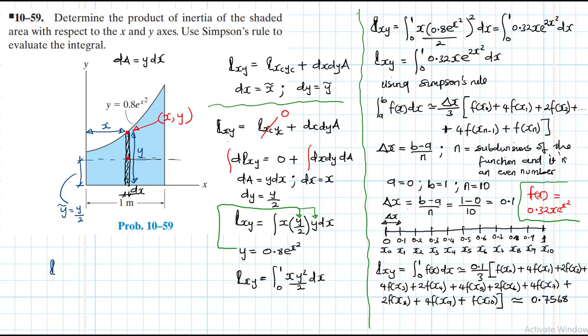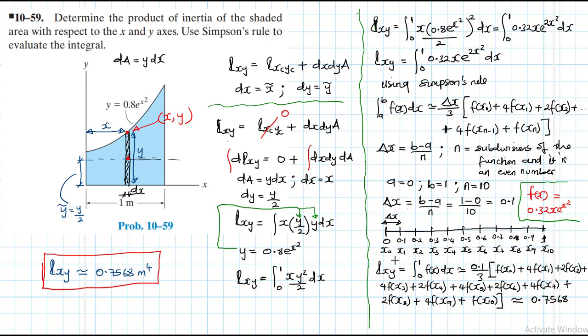So therefore, Ixy is going to be approximately equal to 0.7568 meters to the power 4. Okay, so you can calculate it and check my work.